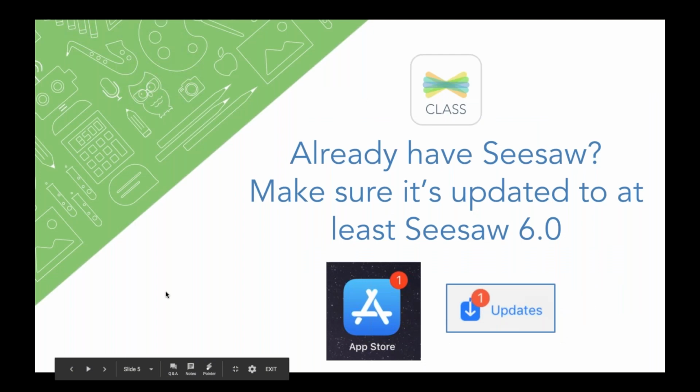Before we get too much farther into the training, I do want to remind you about something. If you're using Seesaw on a computer or on a Chromebook, you're using Seesaw from the web, you're going to app.seesaw.me, and it's ready to go for you and your students. But if you're using a mobile device like a phone or a tablet, like an iPhone, a Kindle, an Android tablet, anything like that, and this applies to your students as well, we just want to make sure that you know that you need to update those apps.